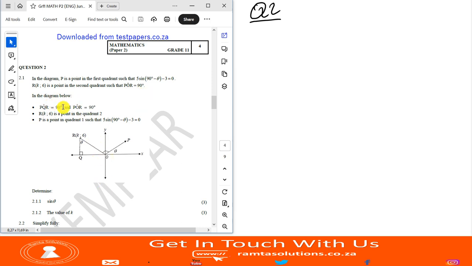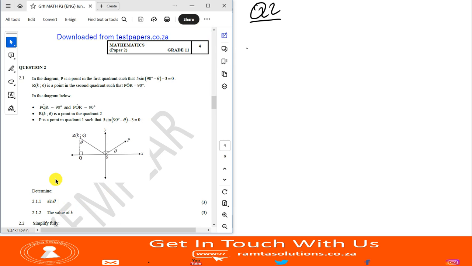P is a point in quadrant 1 such that 5 sine(90 degrees minus theta) minus 3 is equal to 0. Okay, cool. 2.1: determine the value of sine theta.